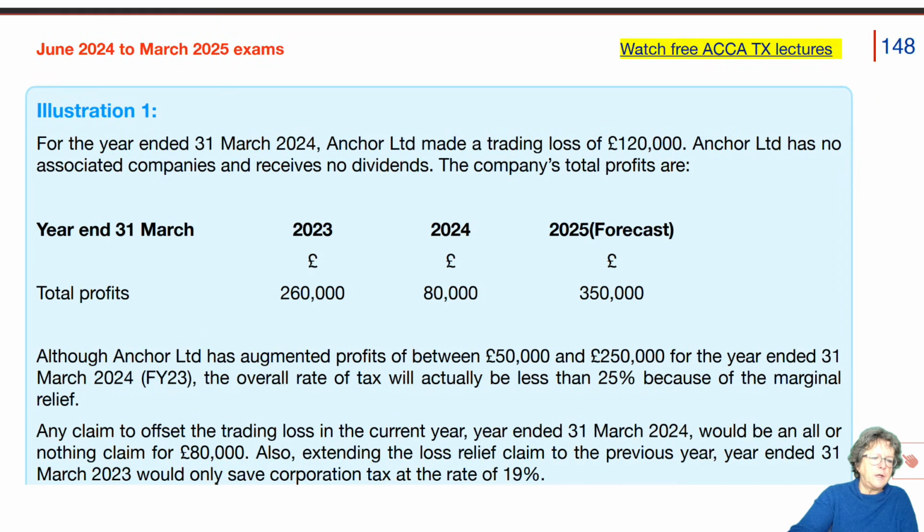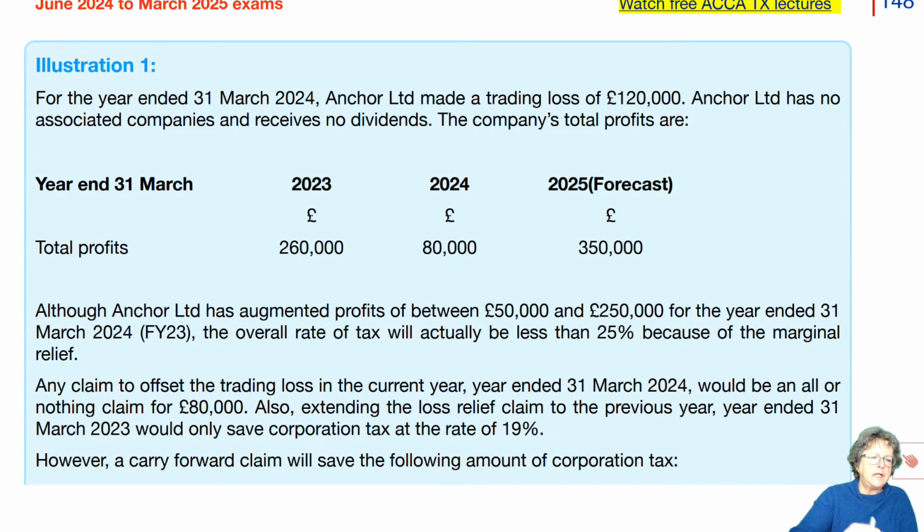So let's have a look at how that looks in this illustration. For the year ended 31st of March 2024, ACCA Limited made trading losses of 120,000. It has no associated companies, which means the limits are not prorated, and no dividends, so there's no pro rata of upper and lower limits.